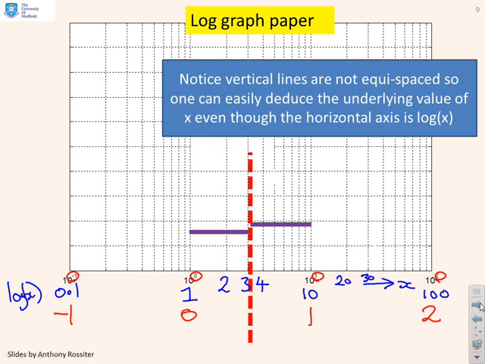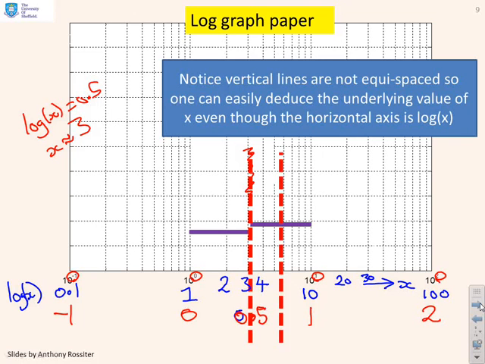So if I put the log here, then obviously this vertical line corresponds, sorry I should use red, this vertical line corresponds to log x equals 0.5. Now if I said to you log x equals 0.5, then you would tell me x is approximately 3. And what do you notice? That this vertical line has pretty much overlaid where we've got the vertical line for 3.